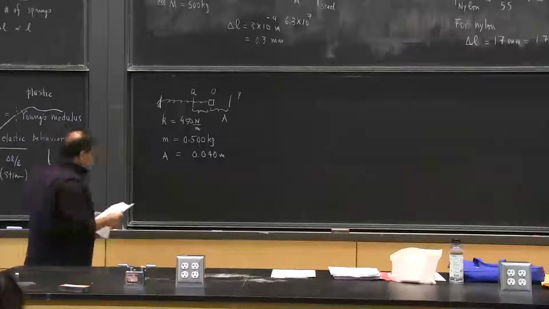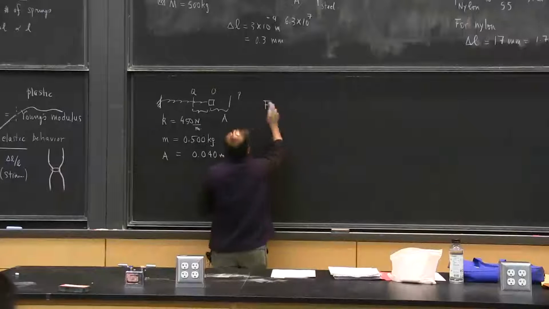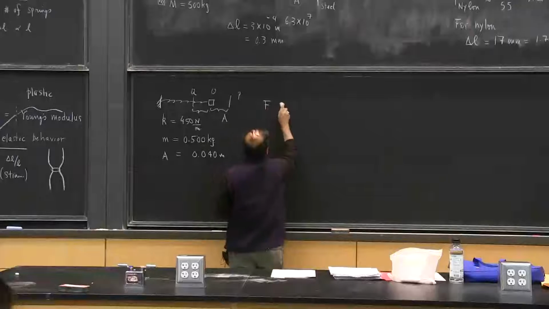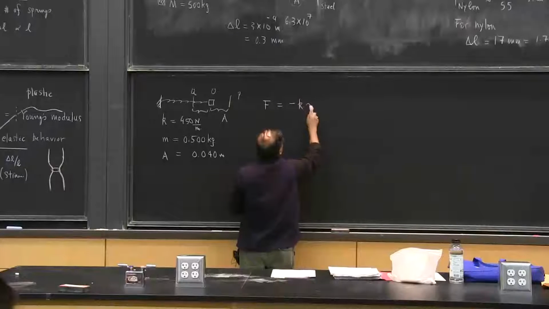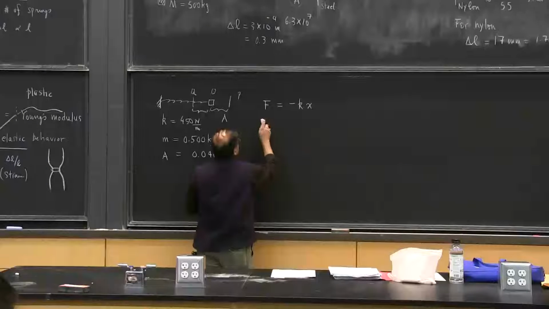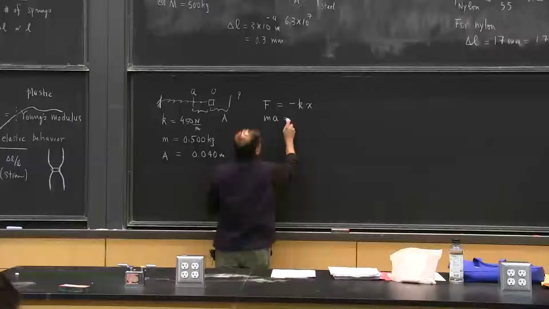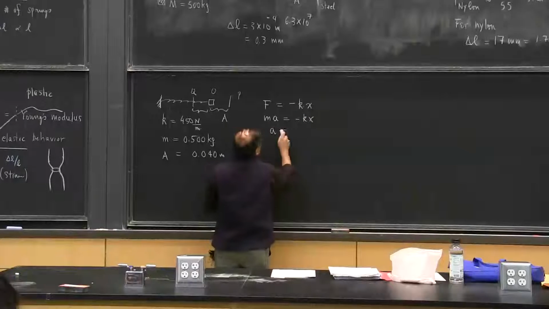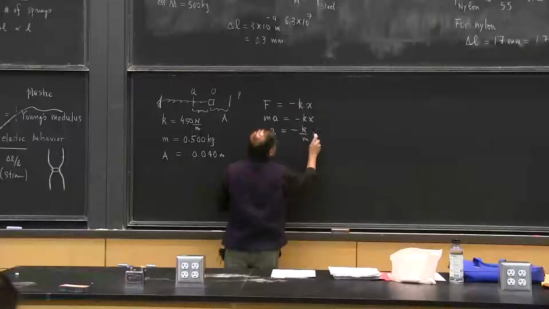At this point, when you do a problem like this, you immediately know that Hooke's law should work. So the force, if displacement is to the right, will be minus kx. Since force by Newton's second law can be represented as mass times acceleration, it's minus kx. Therefore, you arrive at the equation of motion, which is acceleration equals minus k over m times x.